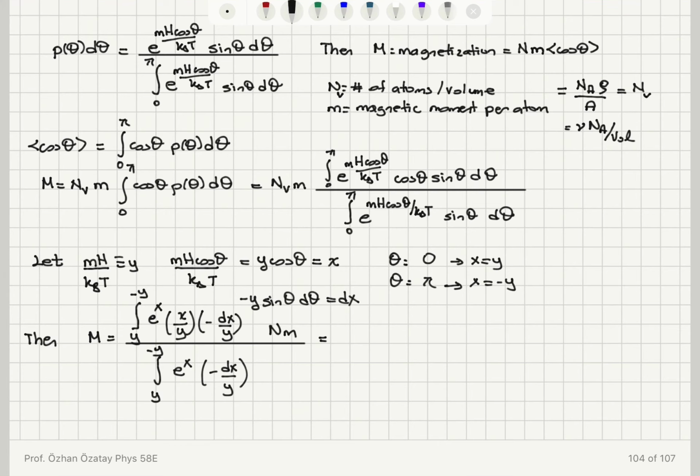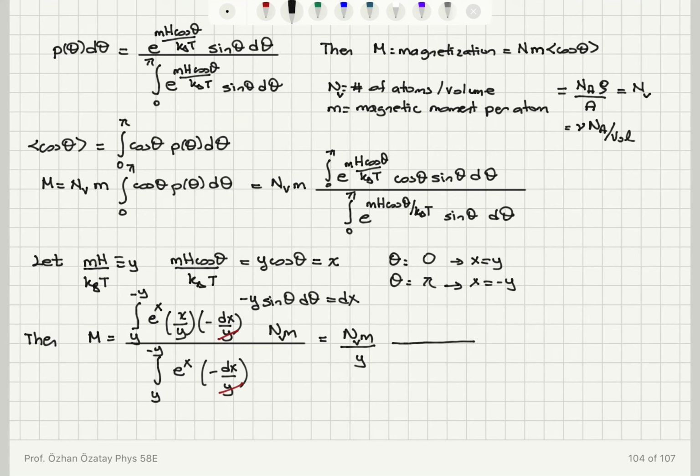So this is going to become nm. You see, I have one of the y's disappearing. y is not a variable, it's a constant here, mh over kBT, for a constant temperature. So one of these y's will disappear, and I will obtain n times m times v over y.